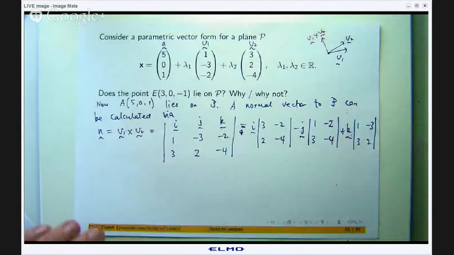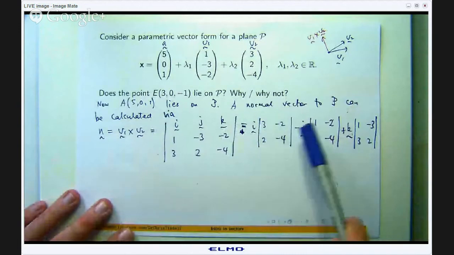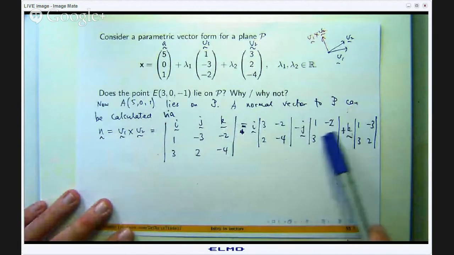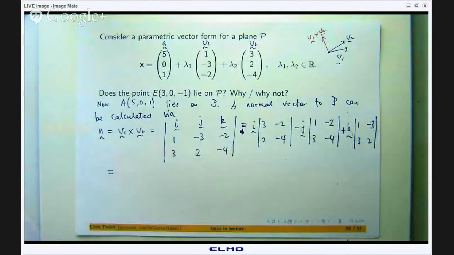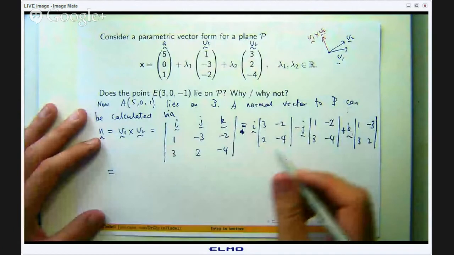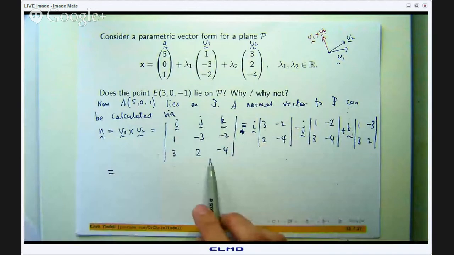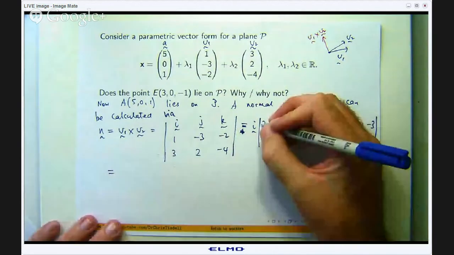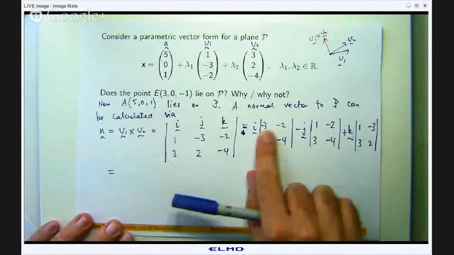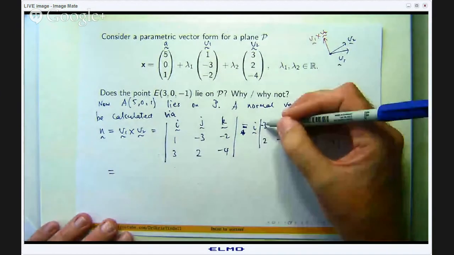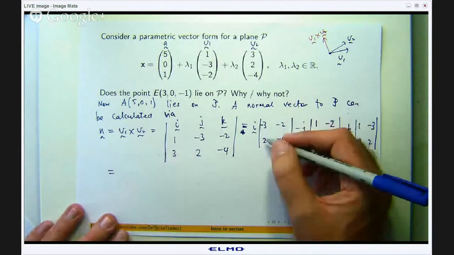Okay, so with these 2x2 determinants, you work diagonally. That times that minus that times that. That times that minus that times that. That times that minus that times that. I've just left off the minus sign when I moved that over. So I'm going to get -3 times -4 minus -2 times 2.